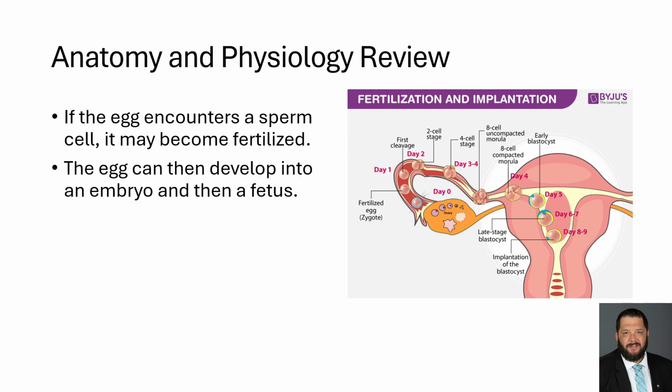Once fertilization occurs, the first cleavage, where the cells split, is right around the first day. And then by day 2, those cells begin to duplicate and reproduce exponentially as the cell makes its way and moves into the uterus for implantation. Generally, it takes about 8 to 9 days post-fertilization for the implantation in the uterus to occur.